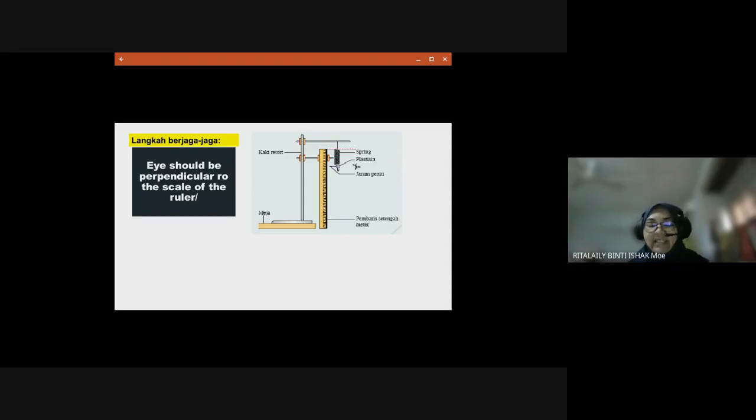That particular limit is called the elastic limit. If the force exerted exceeds the elastic limit, the object will lose its elasticity. It won't go back to its original length.